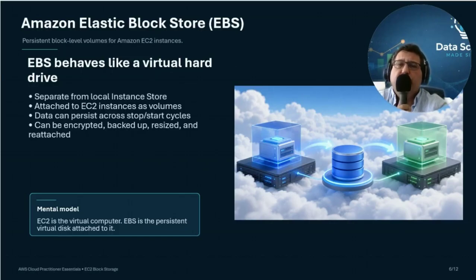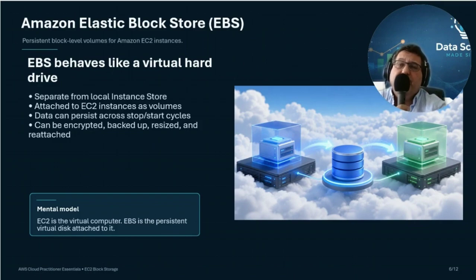This separation between compute and storage creates operational flexibility. Suppose an EC2 instance has a hardware or software problem. The data volume can potentially be detached and attached to a replacement instance in the same availability zone. Similarly, if the organization needs a more powerful EC2 instance type, the persistent EBS data does not have to be recreated from the beginning.